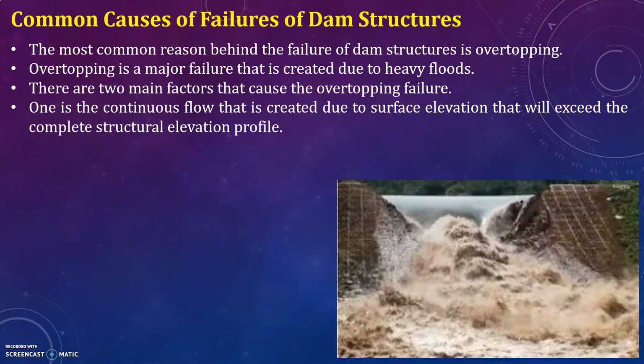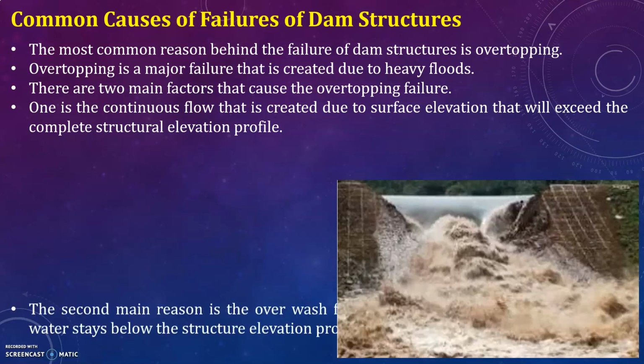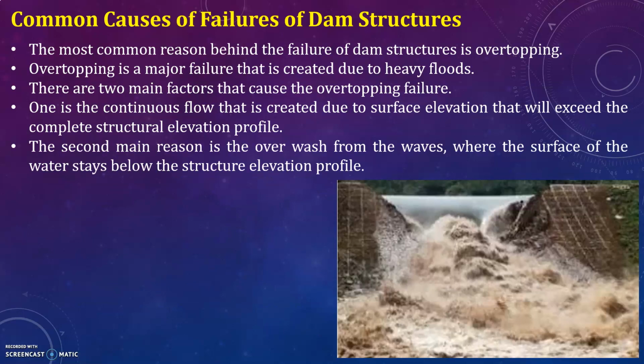One is the continuous flow that is created due to surface elevation that will exceed the complete structural elevation profile. And the second main reason is the overwash from the waves, where the surface of the water stays below the structure elevation profile.